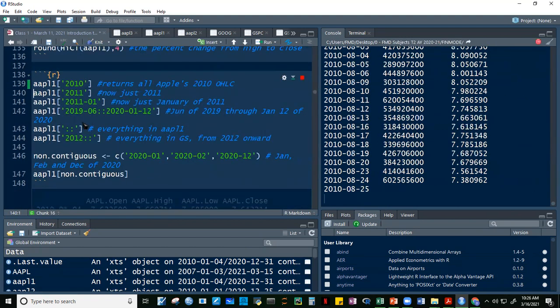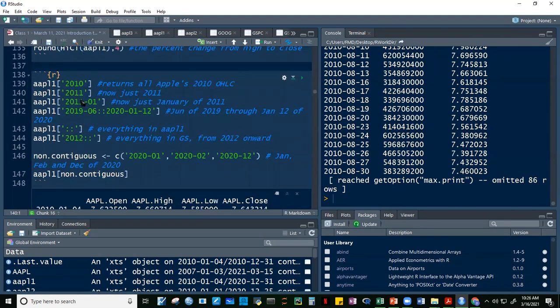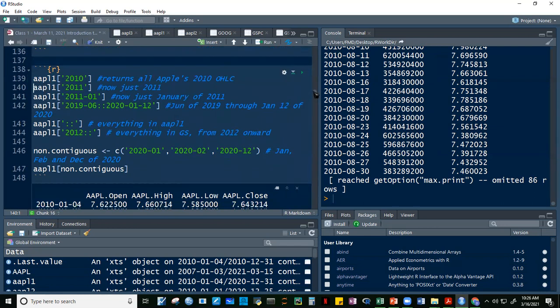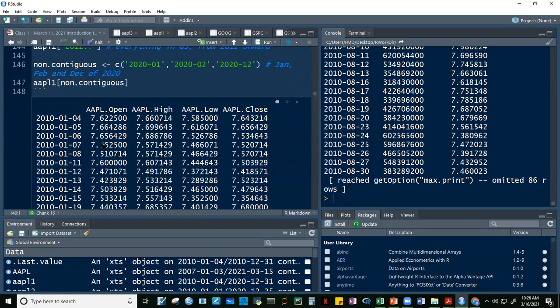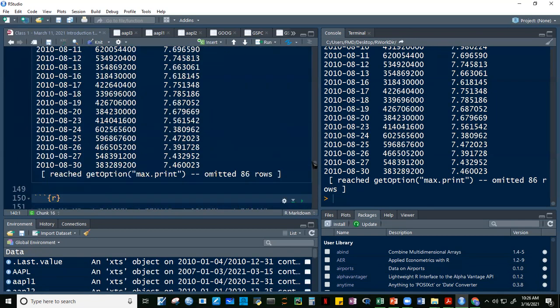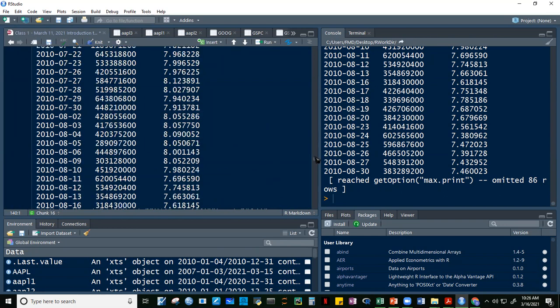Let's click this. It returns all of 2010. If you scroll down, you can see it says plus 86 rows more, all 2010 data.